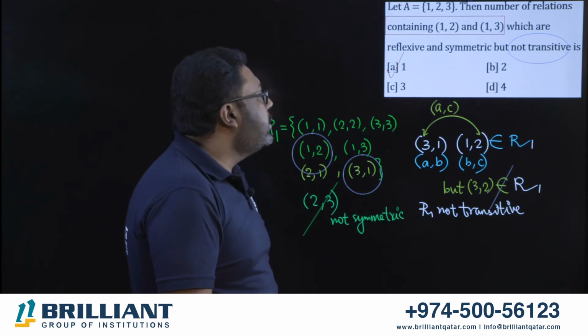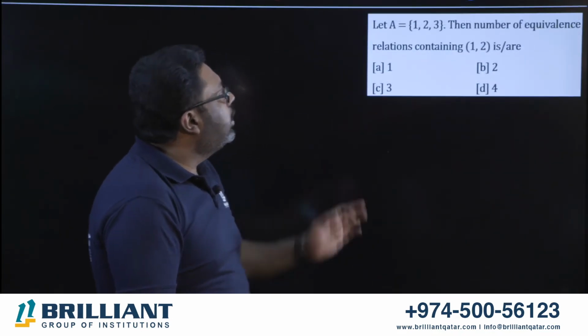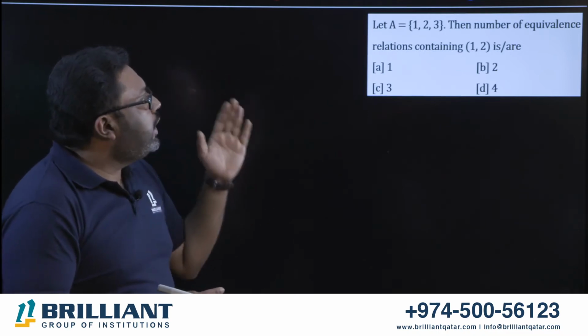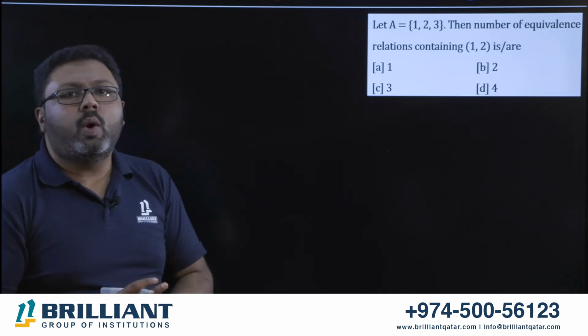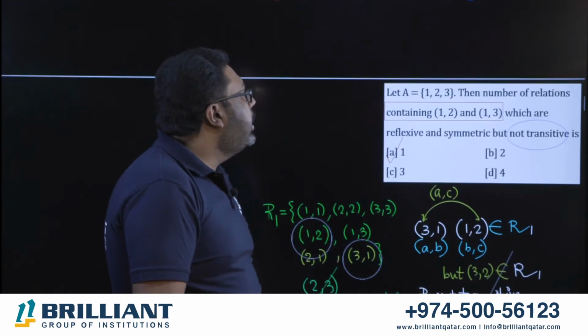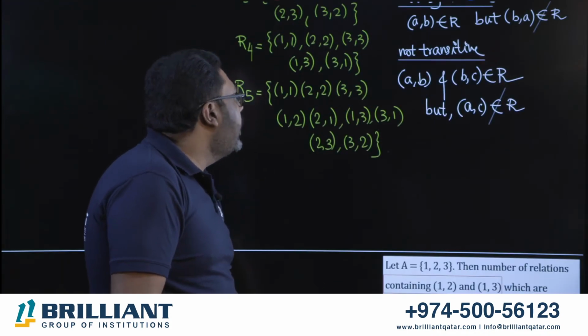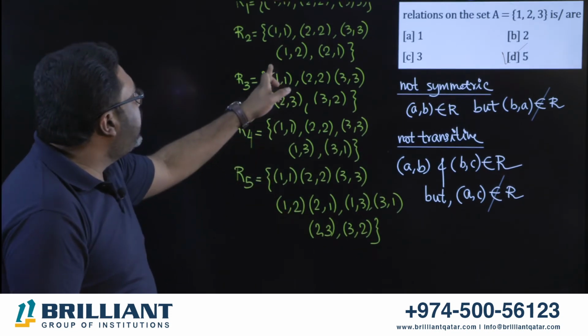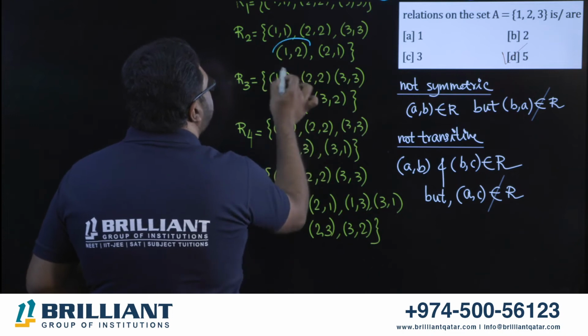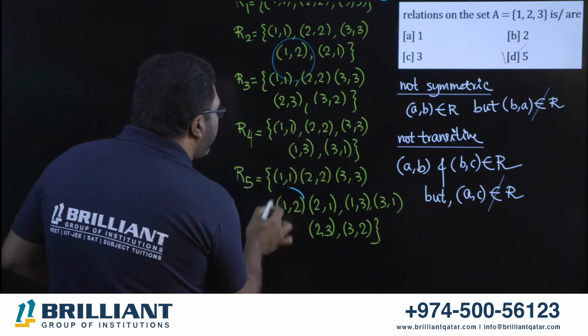Going to the next question, students. Look at it. A is equal to 1, 2, 3. Then number of equivalence relations containing 1, 2. Already done, right? How many equivalence relations contain 1, 2? You can see there is a 1, 2 over here.